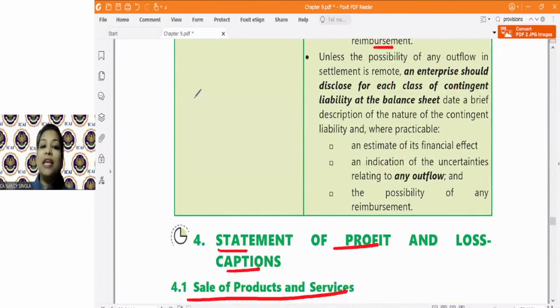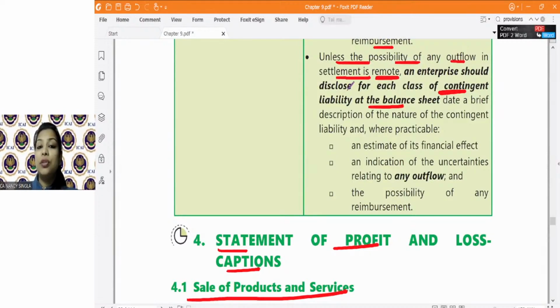Okay? Same way, with respect to contingent liabilities. See, contingent liability bhi, the amount is shown as a contingent liability if it is not remote. So if the chances of it happening is remote, है ना, बहुत कम chances हैं, then contingent liability is not created. That is why it is mentioned, unless the possibility of any outflow in settlement is remote.